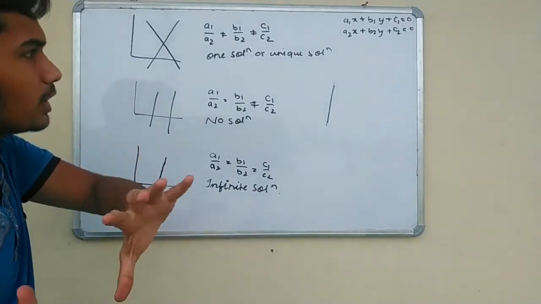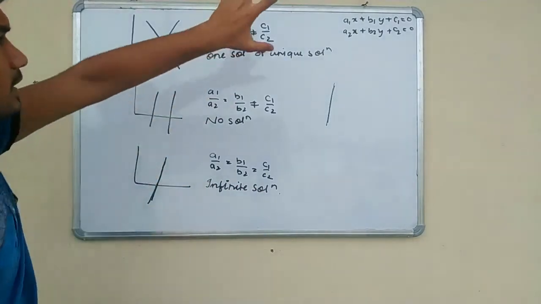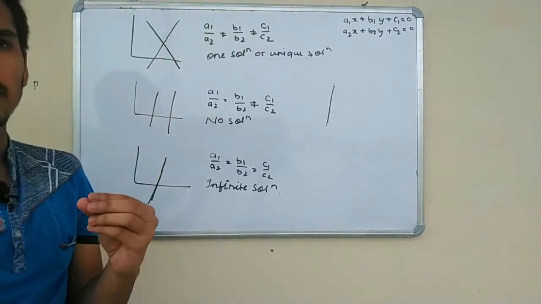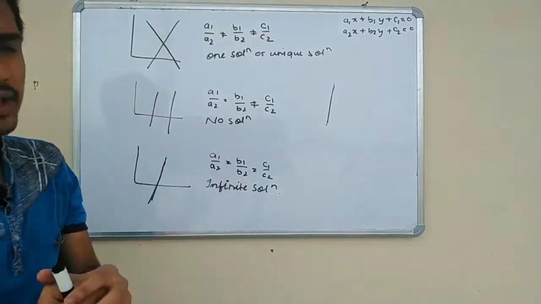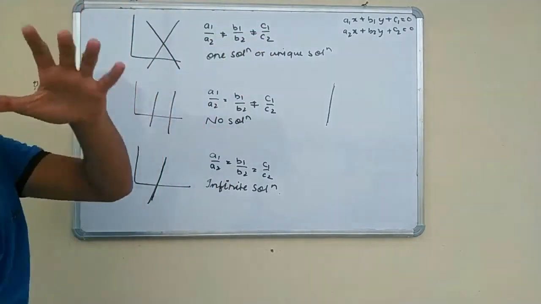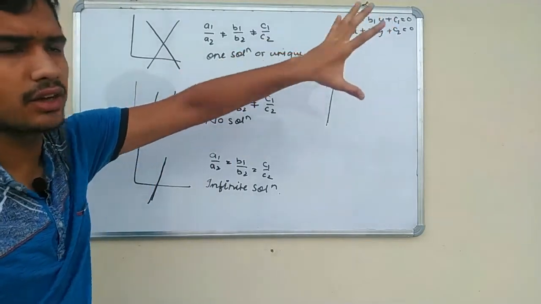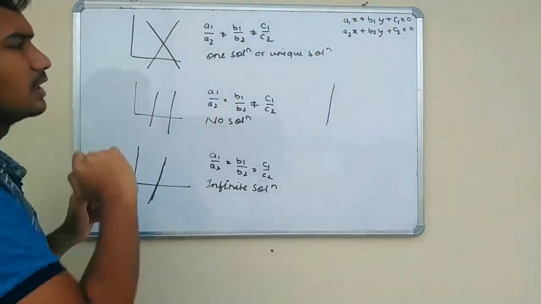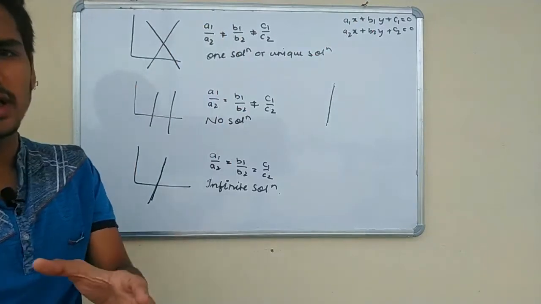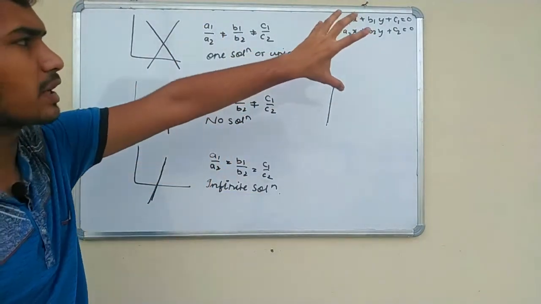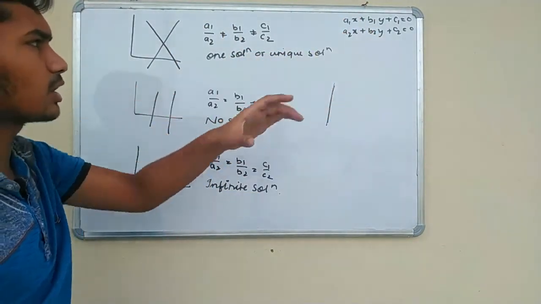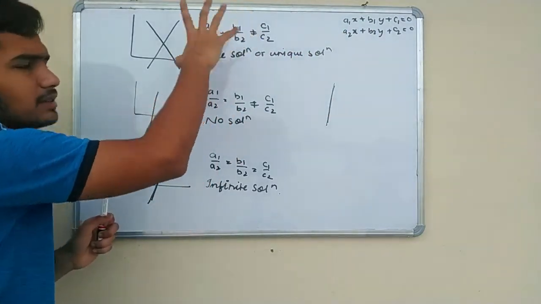So what you need to remember, this condition is for two cases. First, if you are asked to check whether the lines formed by these equations are intersecting or not, then you have to apply this condition. If you are asked to check whether the solution given by these lines is a unique solution or not, then you have to apply this condition.